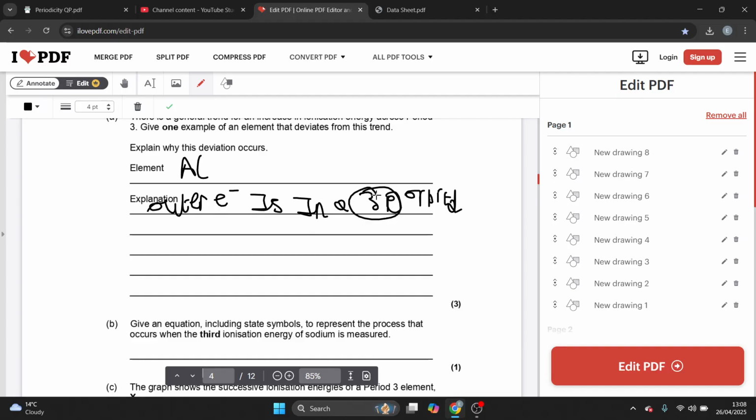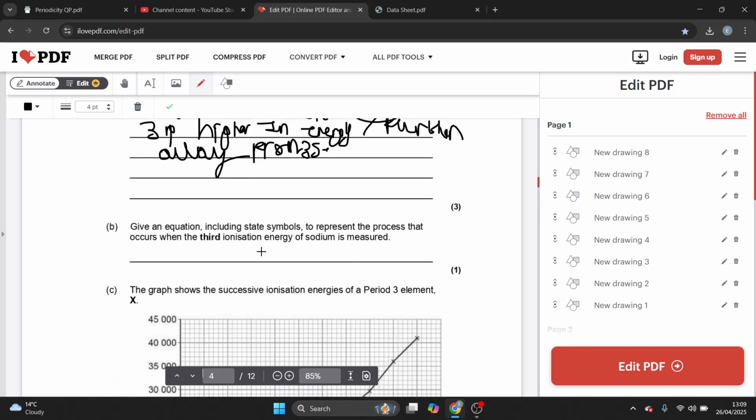In a 3p orbital, and 3p is higher in energy / further away from 3s.